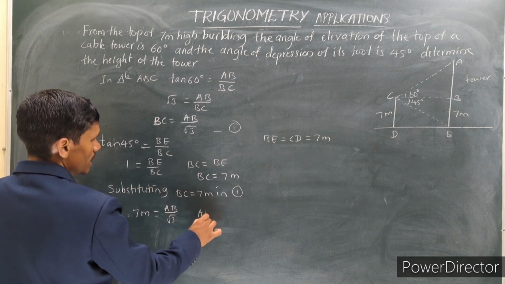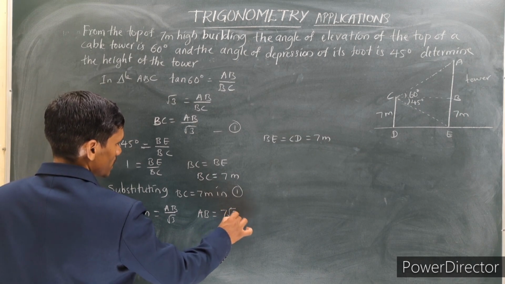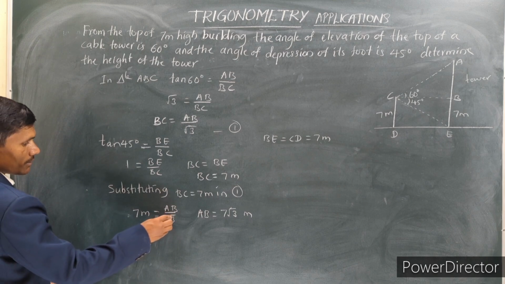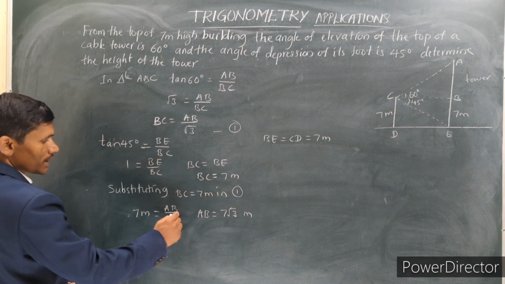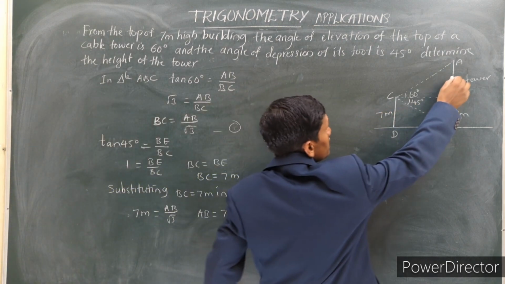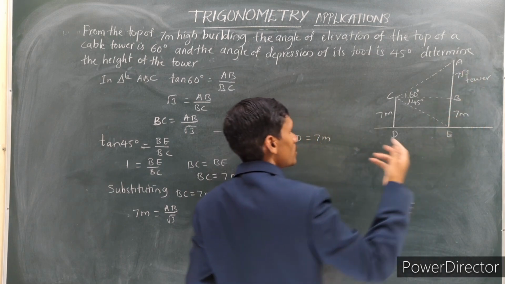What happens? AB is equal to 7 root 3 meter. If you bring this side, multiplication, it becomes root 3 into 7, that is 7 root 3. AB we calculated now. This distance is 7 root 3 we found out, and this is 7 already we know.